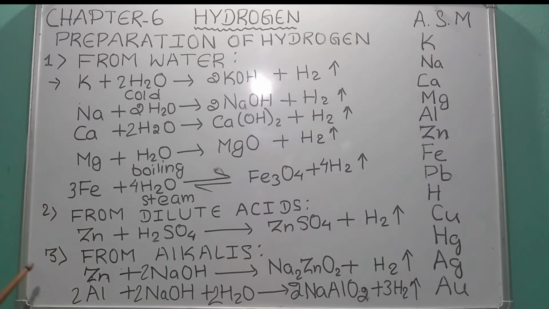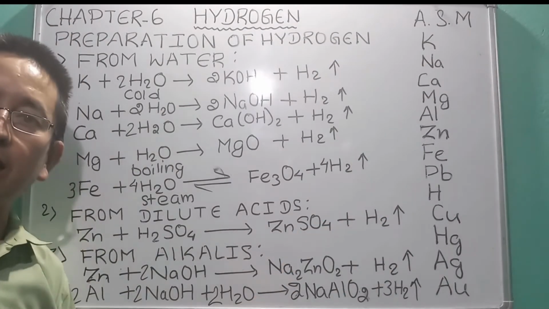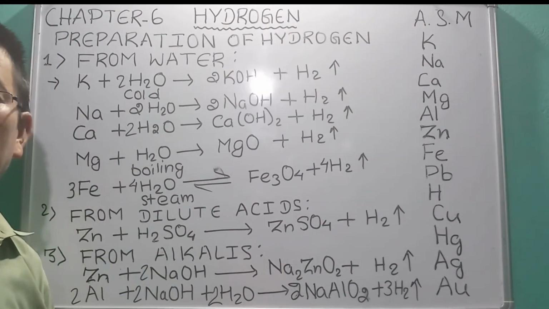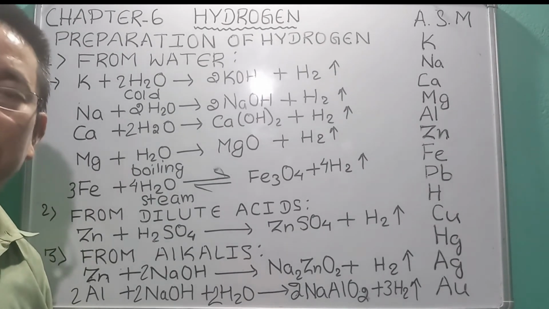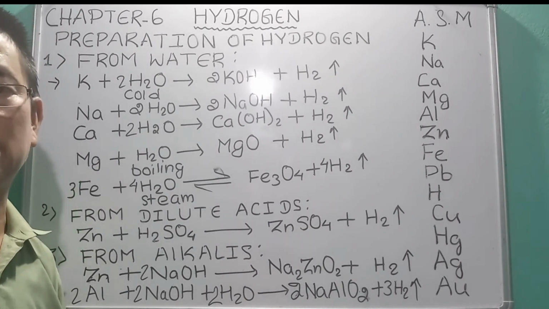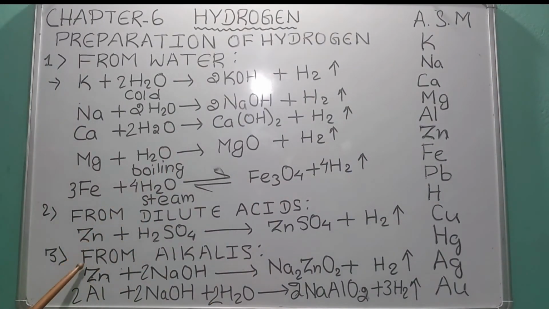Now next, the preparation of hydrogen gas from alkalis. Here, lead, zinc, aluminium, these are amphoteric metals. Amphoteric metals are those metals that react with acids as well as alkalis. So here, I am taking zinc. Zinc is amphoteric in nature.